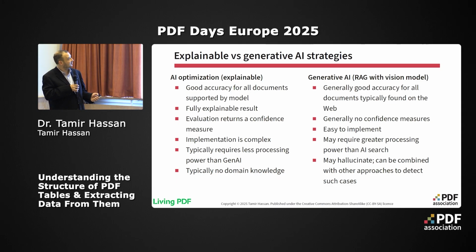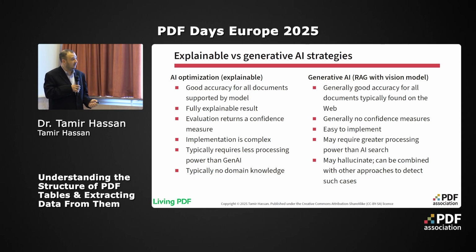So what are the relative benefits and disadvantages? I'll start with the generative AI. I've been told generative AI has difficulty dealing with tables which aren't fully ruled. I need to test that out a bit more thoroughly. It's easy to implement. There are no confidence measures, so you don't know if it's really giving you the right result.